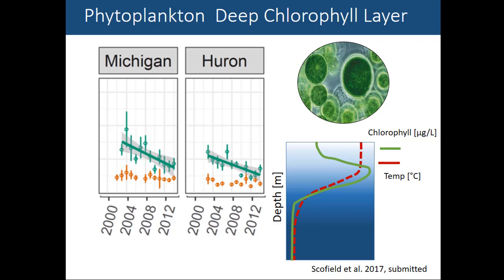However, we have looked at these now and we find that the chlorophyll levels are higher. This is the surface layer, that's the deep chlorophyll layer. They are higher up here, both in Huron and Michigan, but they are going down. So we don't see a deep chlorophyll layer compensation for the decreases in the epilimnetic chlorophyll.